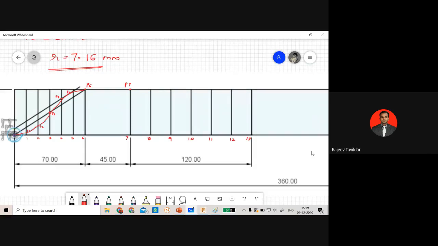As per this diagram, the middle line is line number 10. On this line number 10, I will make 6 equal divisions. This is our first division, something like this. So these are the 6 divisions made on the middle line.